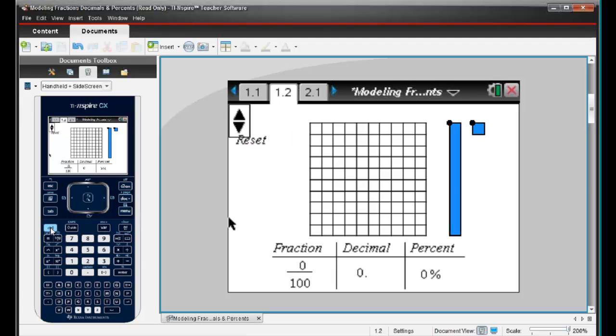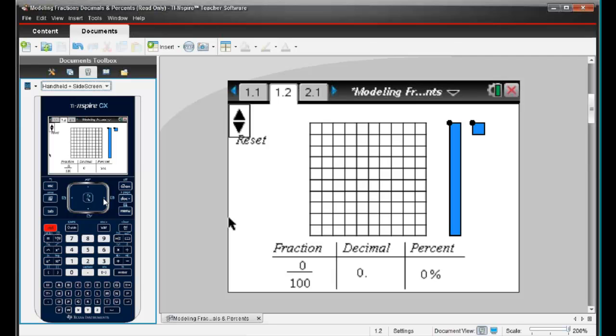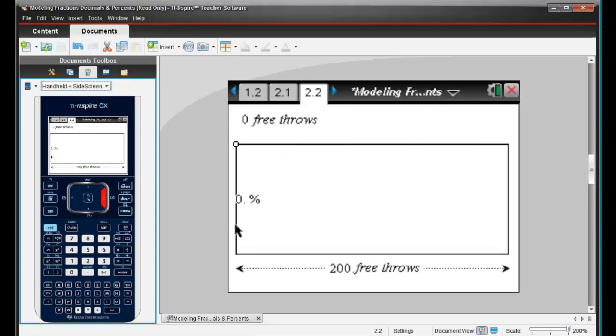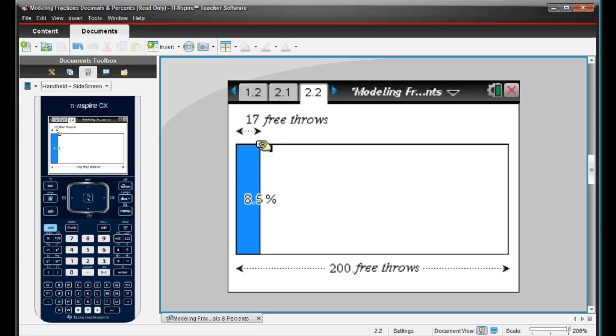So let's advance to the next page by pressing Control and Right. And the situation has changed a little bit. Now, instead of having 100 empty boxes, we have 200 free throws. And conceptually, this is a nice leap for students because we're doubling. So rather than thinking of 100 boxes, we're thinking of 200 free throws.